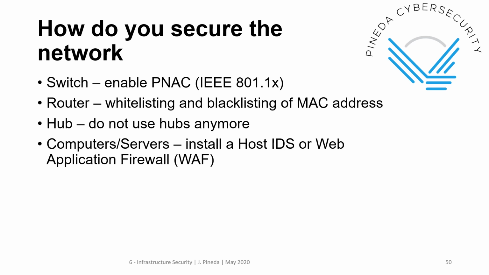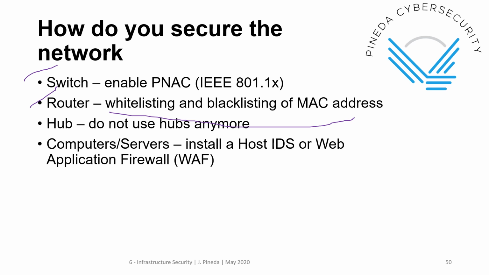Other ways to secure the network would be, in the switch, you can enable port-based network access control. You can ensure that only devices registered in the organization can have access to the ports. For the routers, you can do whitelisting and blacklisting of MAC addresses as one type.